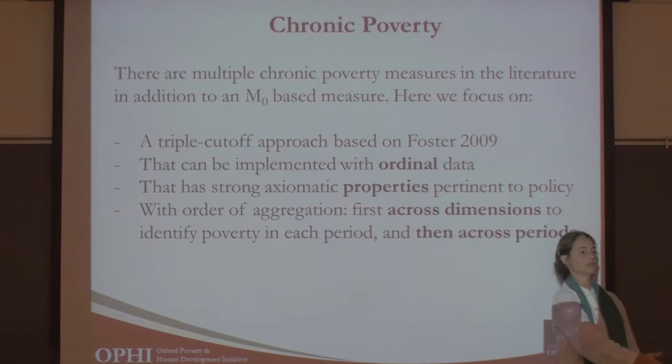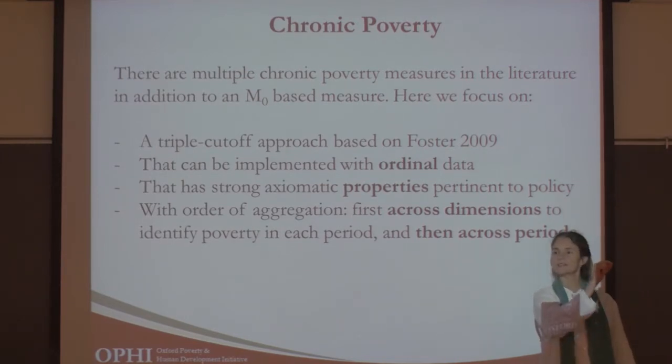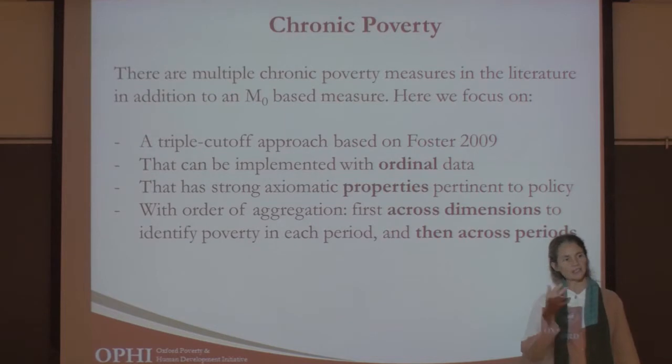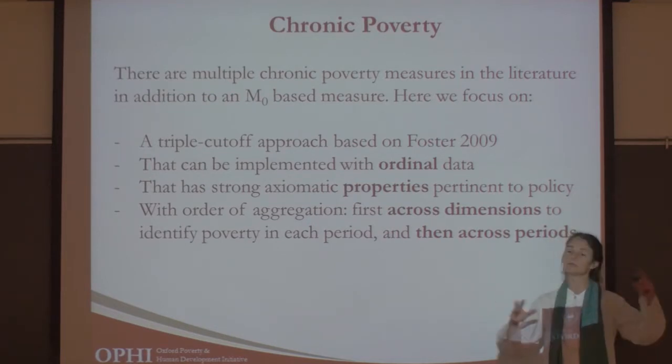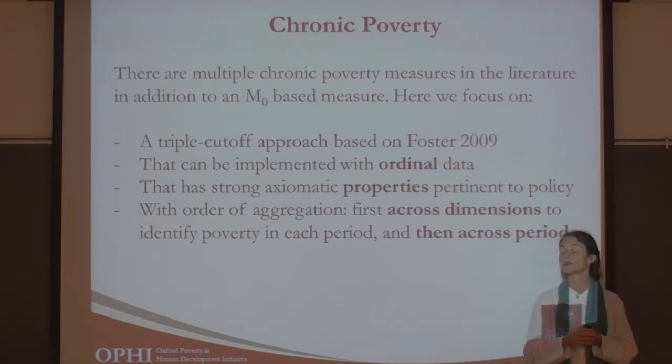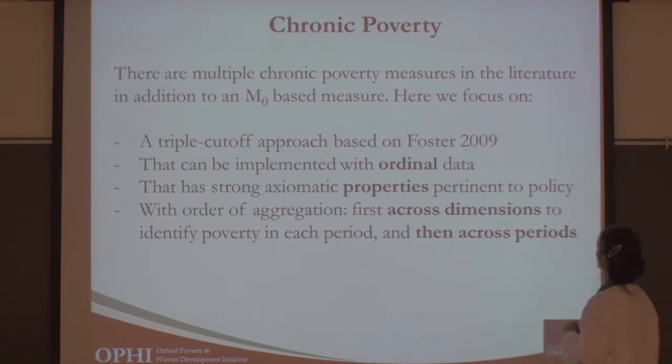What we will then do is aggregate across time periods the poverty status of each person to construct a chronic poverty measure. So the order of aggregation, as I said, could have gone in a different direction, and there are valid reasons to explore them all in terms of research, but this is the direction we've chosen.